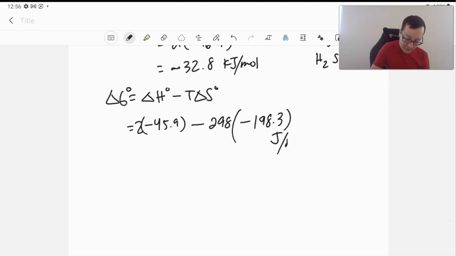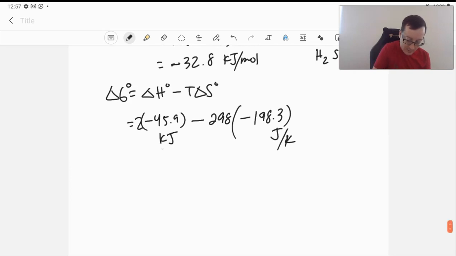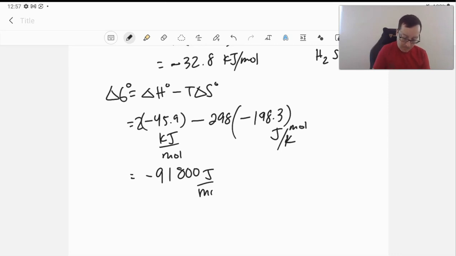Note here we have joules per Kelvin, and we have kilojoules. There's also moles here per mole. So we're going to need to break these apart into their respective base units so we can work with them. So we have negative 91,800 joules per mole minus, let's do the calculation.